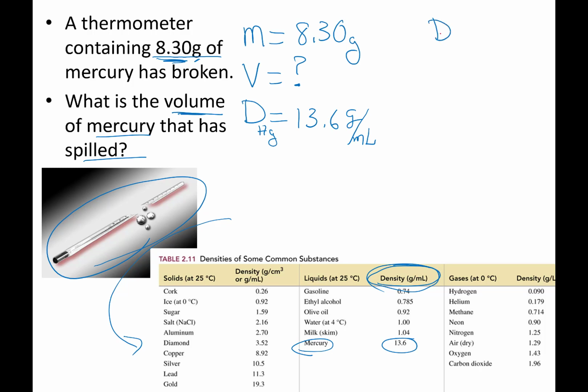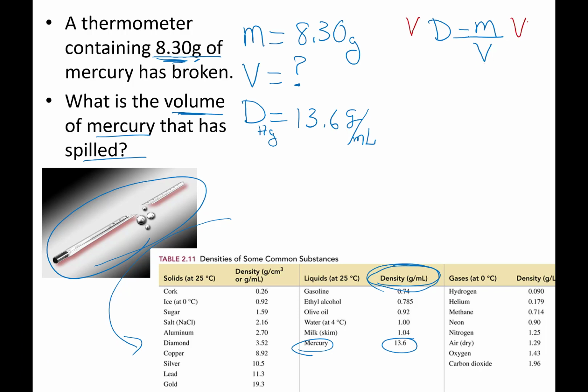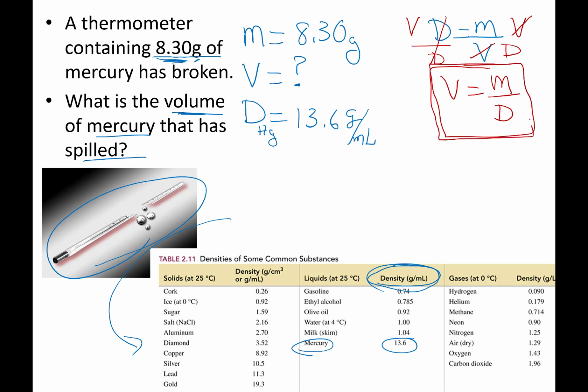Well, density is equal to mass divided by volume. And if we do some algebra, if I solve for volume, I'm going to multiply both sides by volume. And to get volume alone, divide both sides by density. So volume is going to be equal to mass divided by density. If you are not good at algebra, write this down. So you've got this equation in your pile of useful tools.